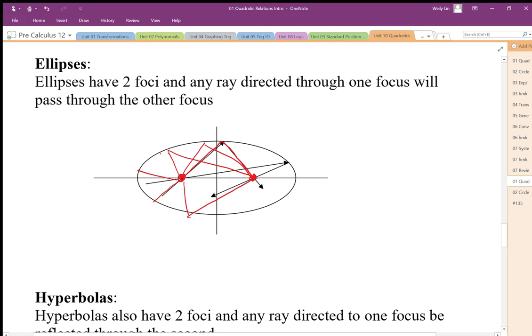So you can whisper very quietly at this point. As the sound goes out and disperses, there's not much sound over here or over here, but all of it comes and focuses right back at the other focus. And you can hear very clearly what's going on at this point here. You may have experienced this effect in certain shaped rooms where they have this focusing effect of sound.